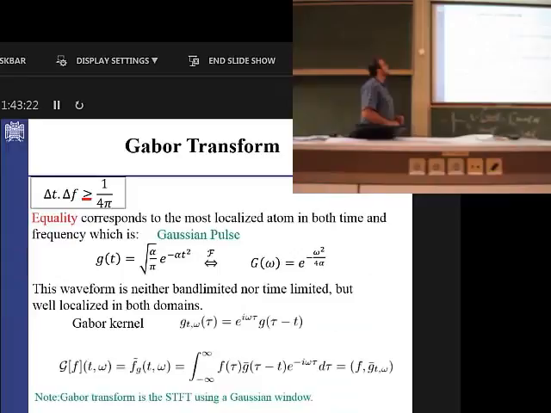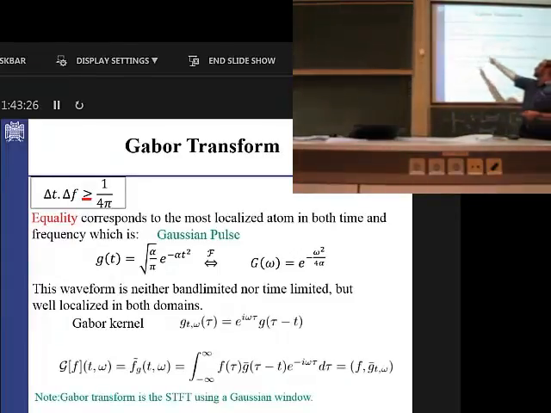The Gabor transform is the one that respects this equality. The most localized window in both time and frequency is a Gaussian pulse, a pulse which looks like this, for example. G of t, a Gaussian exponential form, in the frequency domain looks like this.